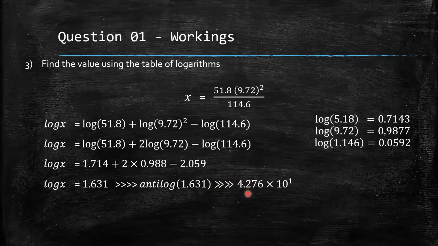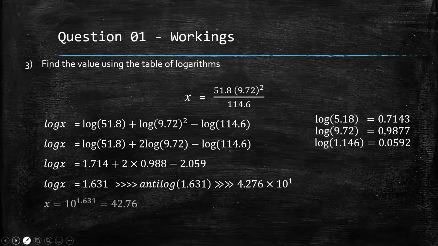This is 4.276, the antilog of 0.631. In order to make it 1.631, you need to multiply it by 10 to the power 1. So the answer will be x is equal to 10 to the power 1.631, which is equal to 42.76. I hope you get that answer.